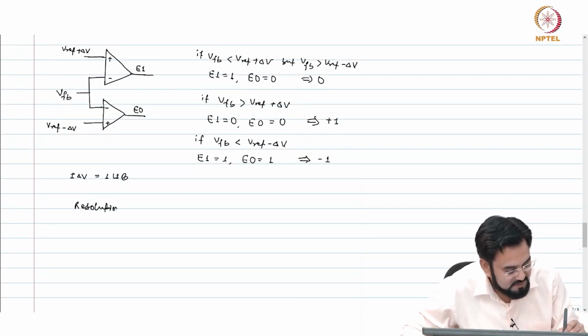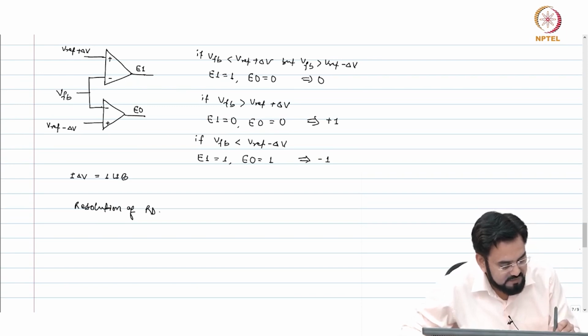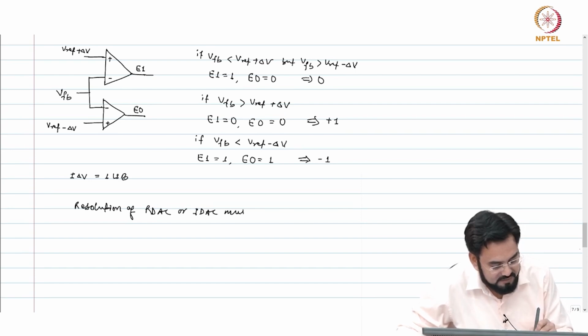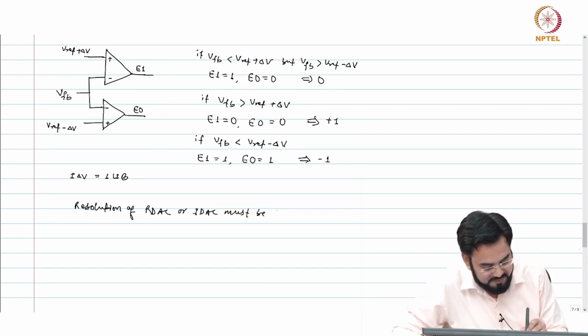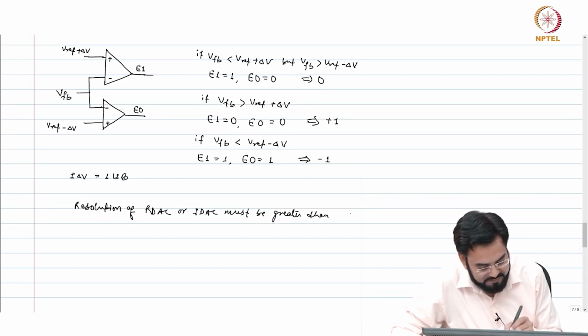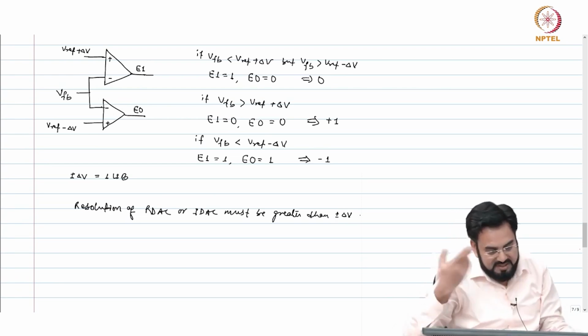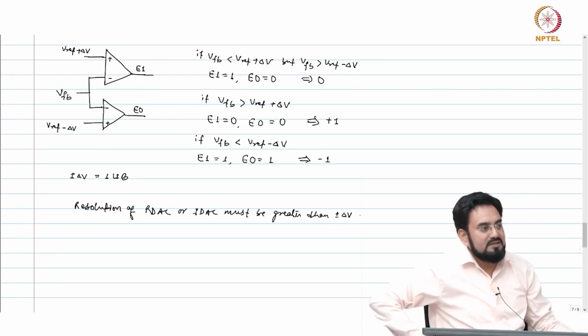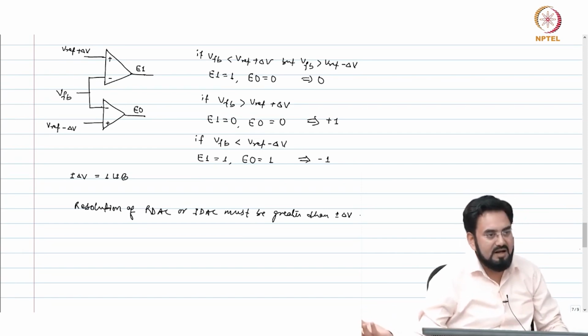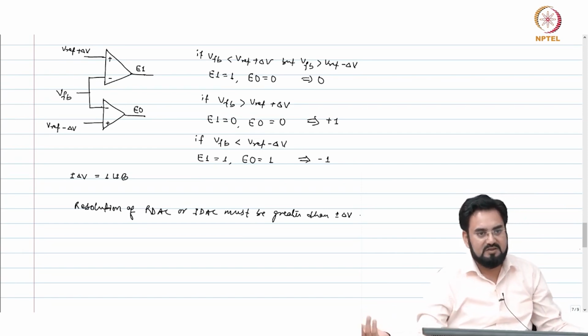the resolution of RDAC or IDAC must be smaller than plus minus delta V. If your accuracy target is 1 millivolt, then you keep your IDAC or RDAC resolution at half a millivolt or so.